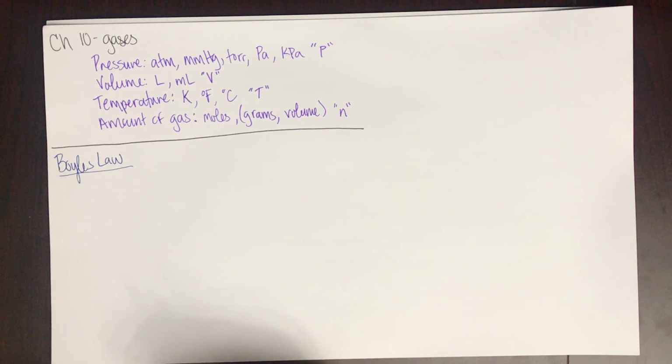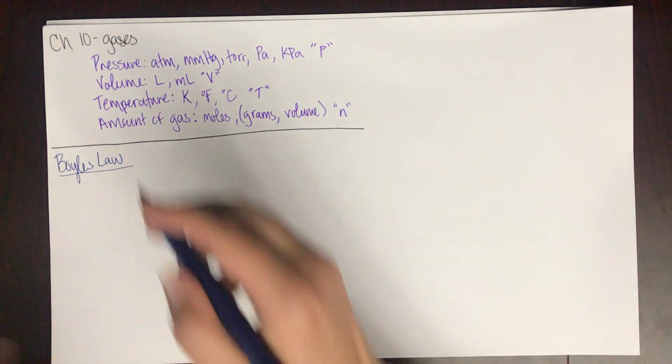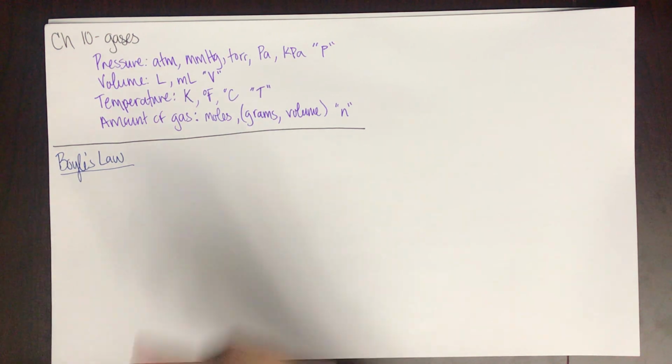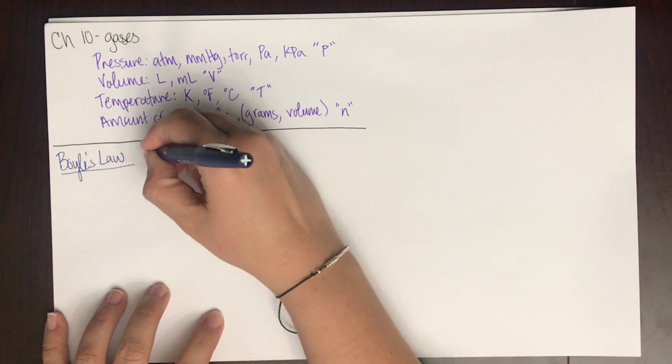Boyle's Law is looking at the relationship between pressure and volume. Pressure and volume are inversely related. What that means is if one goes up, the other goes down.